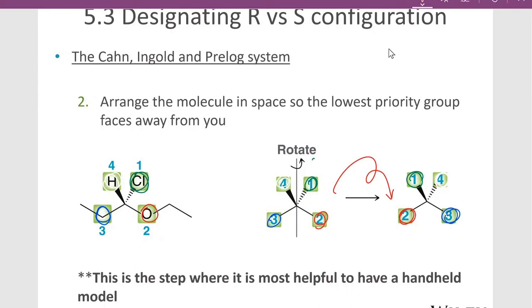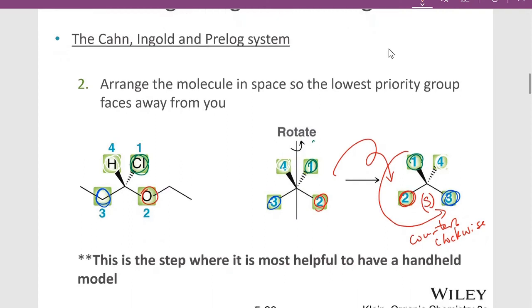So now we can use that information to determine the progression of rotation. The progression of rotation is 1 to 2 to 3. This is actually counterclockwise. And the Latin word for counterclockwise would be sinister, and so we say this is the S configuration.